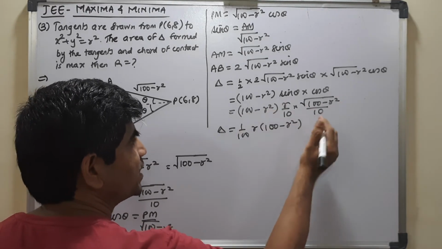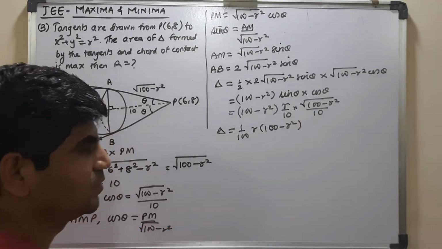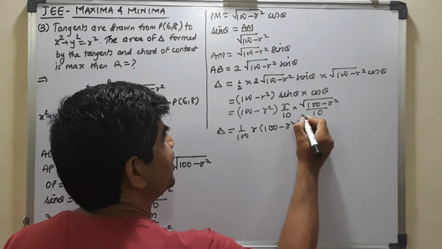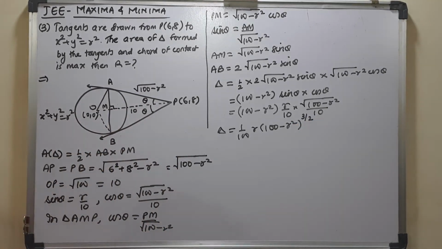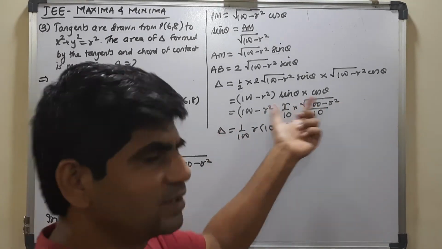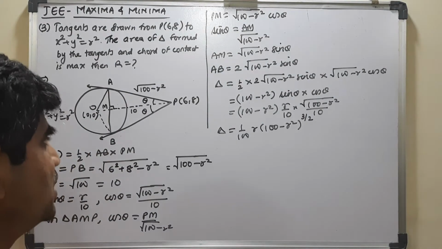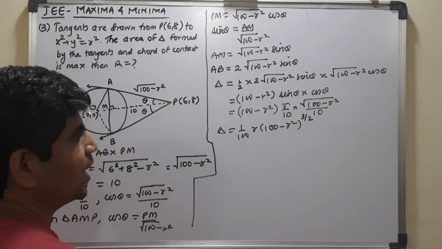This is 1 plus half, 3 by 2, not 2 by 3. So it is 100 minus r square raised to 3 by 2. So this is your area of triangle in terms of r.